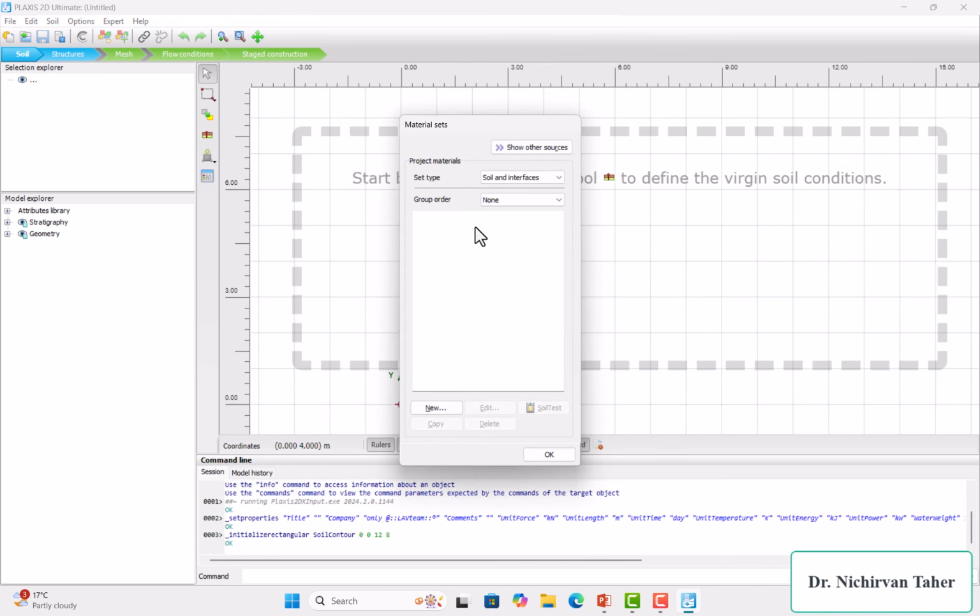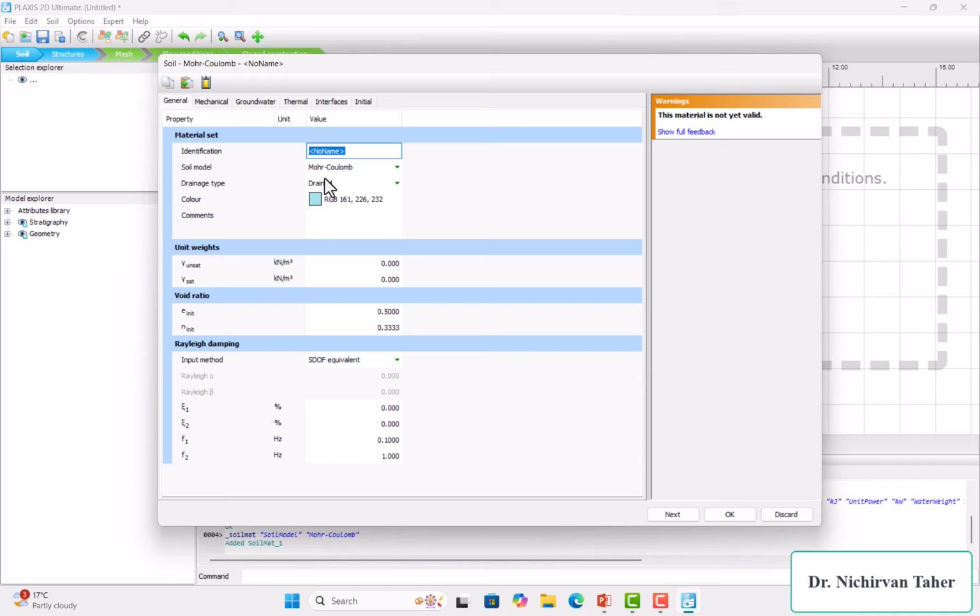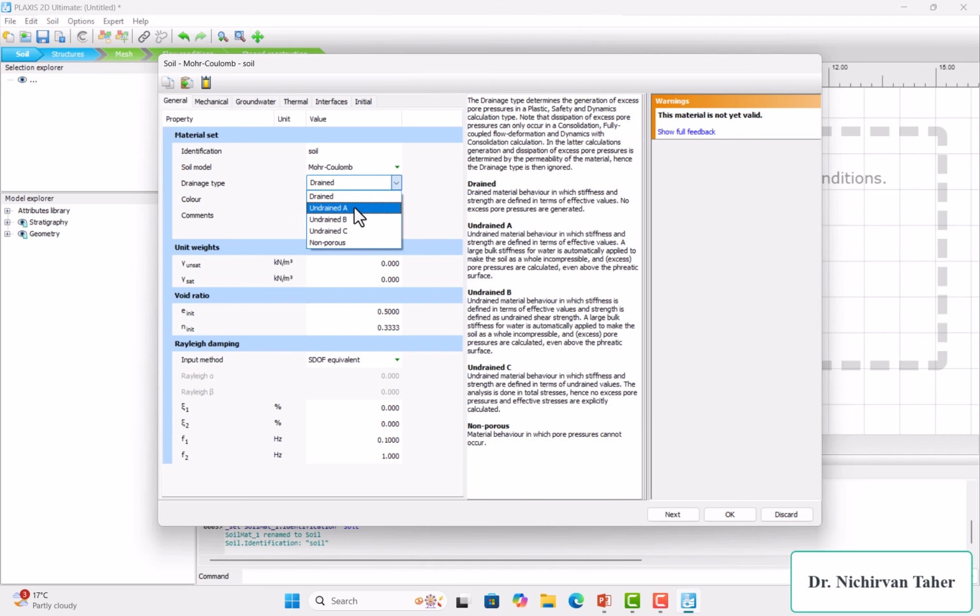If I click on show material and define a new material, for example a soil, here we have a Mohr-Coulomb model. Under Mohr-Coulomb we have drained, undrained A, B, C, and also non-porous.